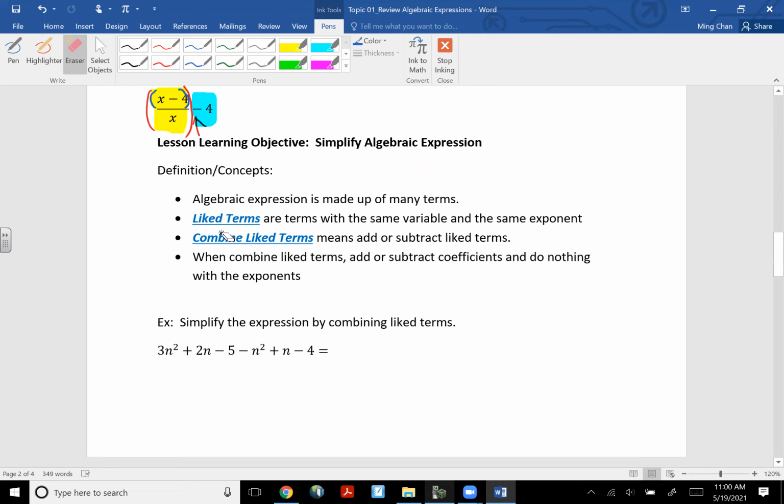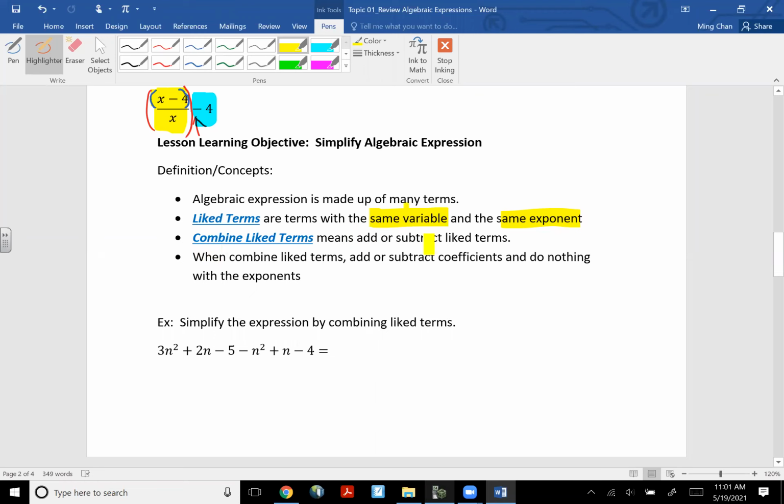All right. Like terms. We classify like terms as terms with the same variable and the same exponents. Because if you have terms that have the same variable and the same exponent, you can combine them. The word combine means add or subtract.